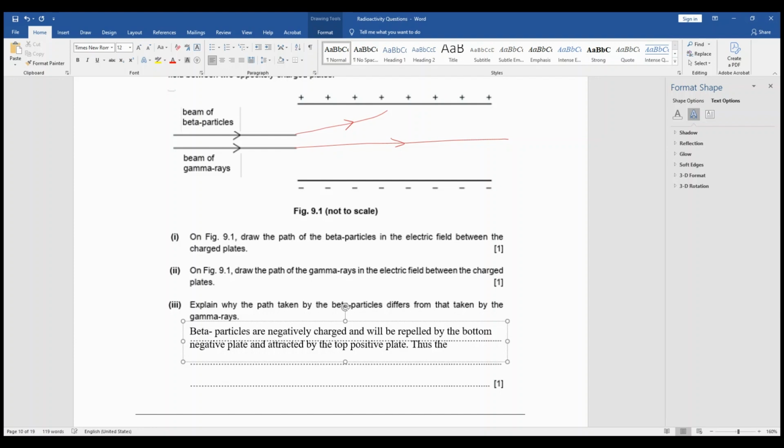Thus, there will be an upward force on the beta particles.